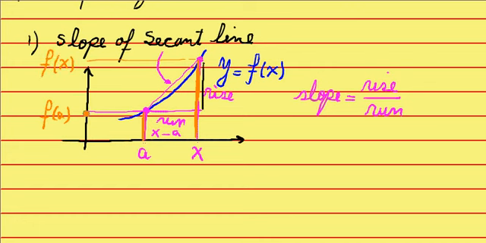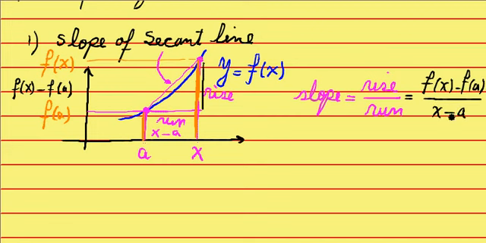Rise is the distance from f of a to f of x, so the rise for me is going to be f of x minus f of a. That's the rise. So this ratio becomes f of x minus f of a over x minus a.